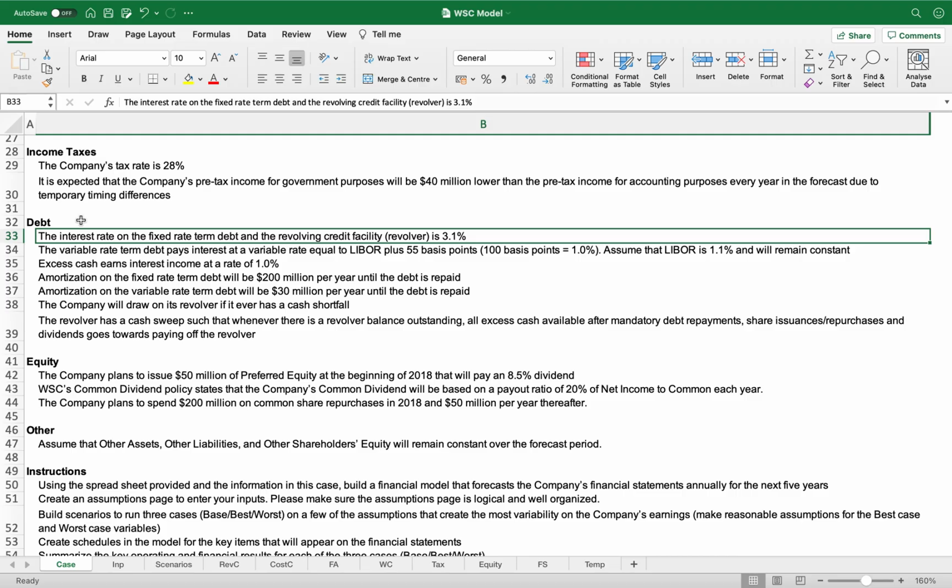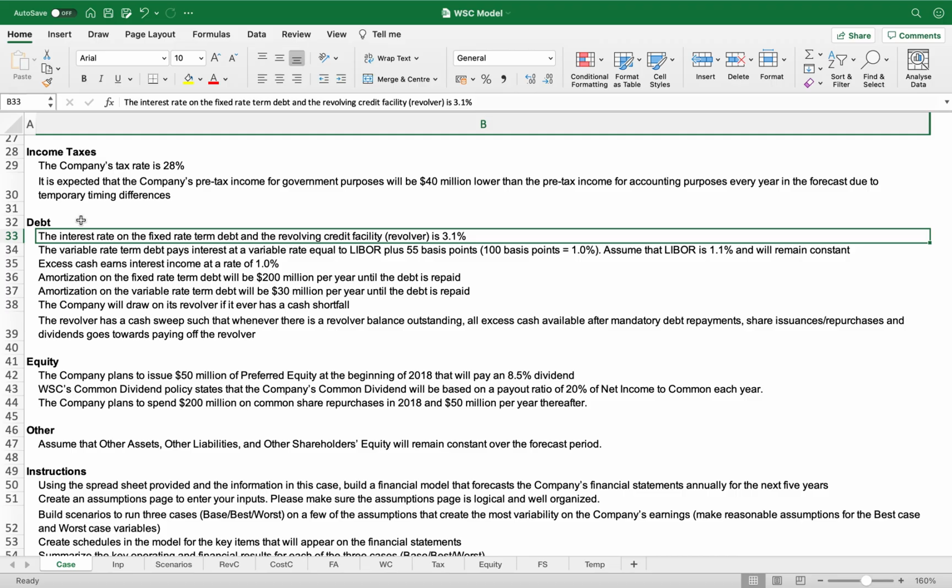Okay, so it is given to us that the interest rate on the fixed rate term debt and the revolving credit facility, also known as revolver, is 3.1%. Now you will ask me, okay, fixed and variable, I get this, the rate remains fixed, the rate fluctuates, that is the difference.